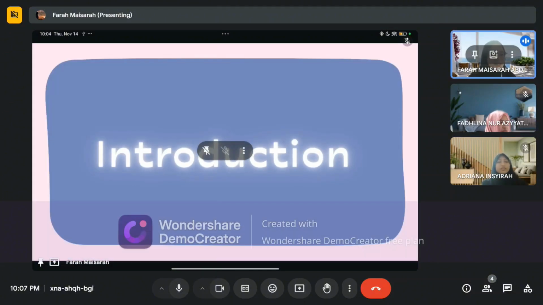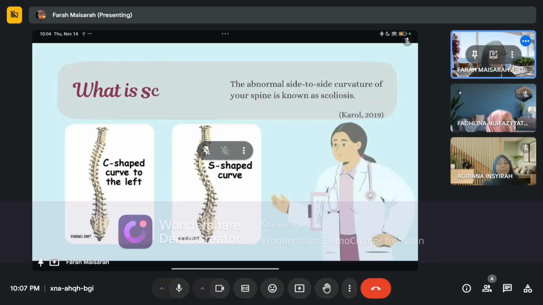Okay, so I will start with the introduction first. The first one is, what is scoliosis? Scoliosis is the abnormal side-to-side curvature of your spine. For your information, our backbone or spine is naturally curving slightly forward and backward.